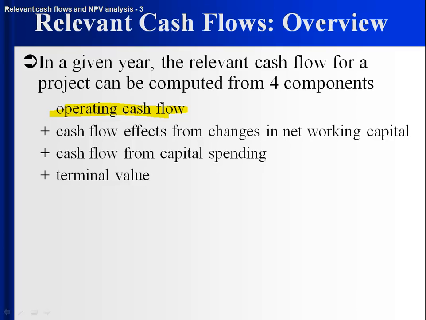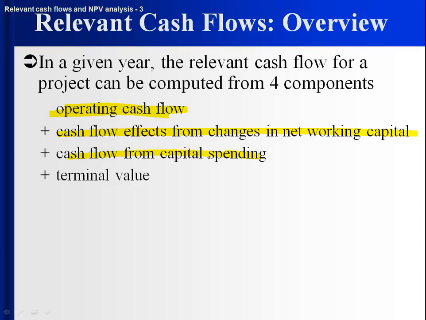Second item, cash flow effects from changes in net working capital. Operating cash flow is based on accounting, which recognizes revenues and expenses when sales are made, and so sometimes it misses things, and sometimes it counts things it shouldn't when we're focusing on cash flow. By looking at changes in net working capital, it helps us get that right.